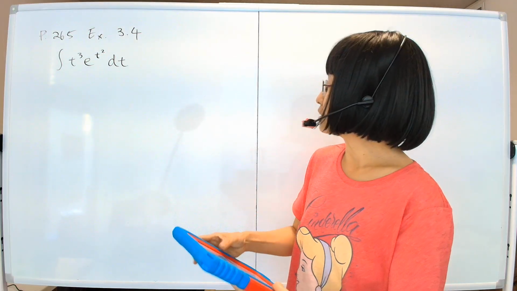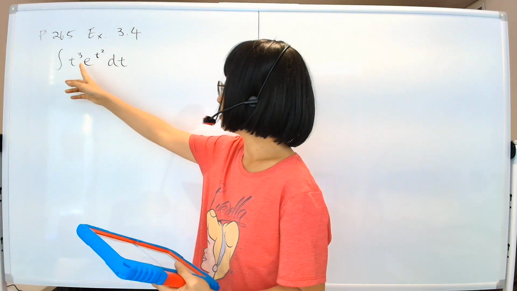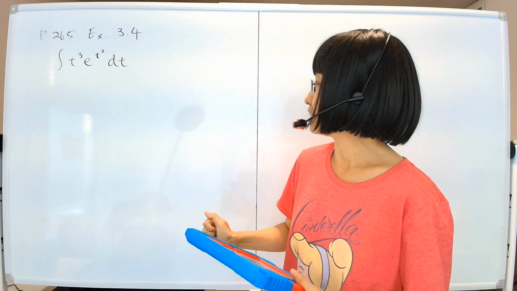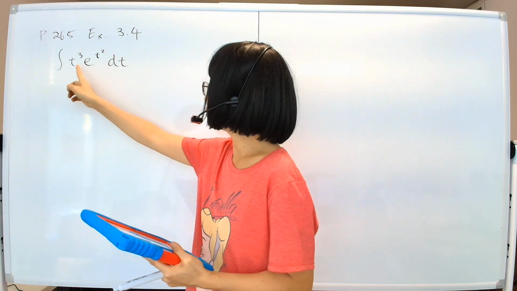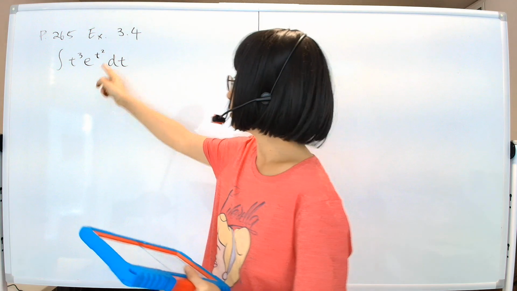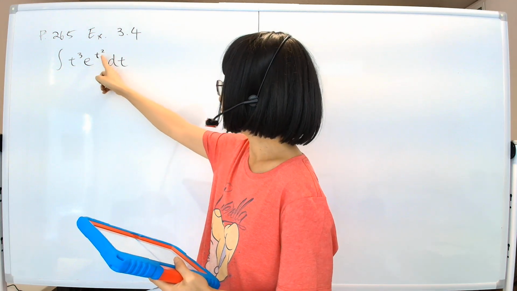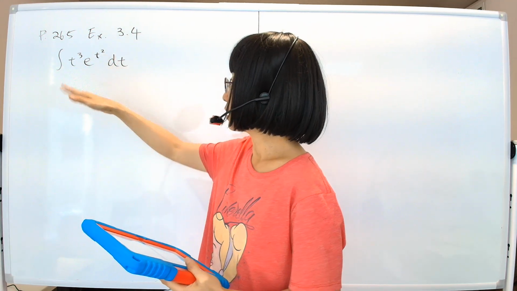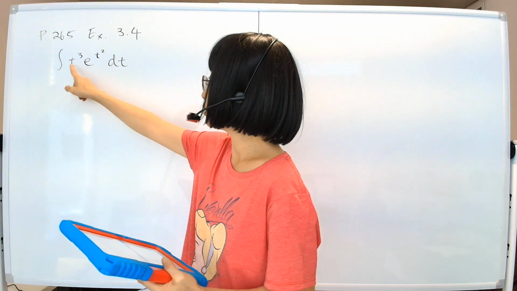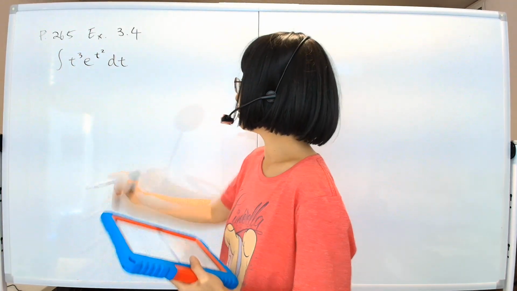The problem with this is that you can't follow the LIATE rule, L-I-A-T-E, directly. The reason is that e is to the power t squared, not just t, which means that when you take the derivative of this thing, it will have a t attached to it. So u doesn't need to be t to the power 3.